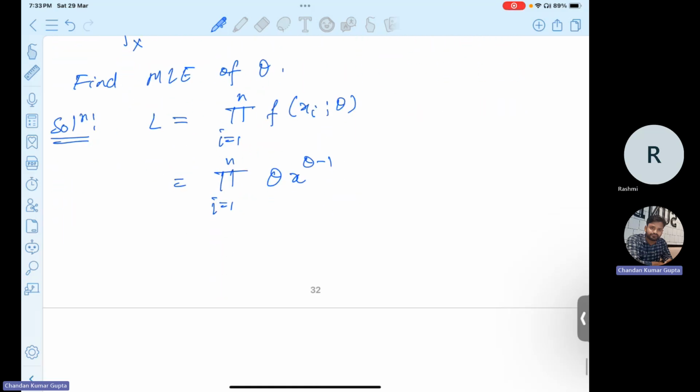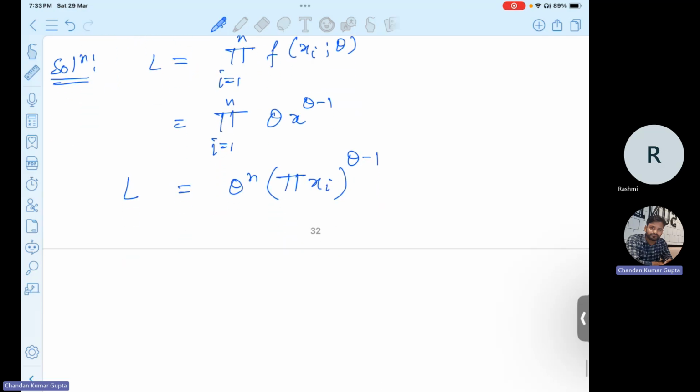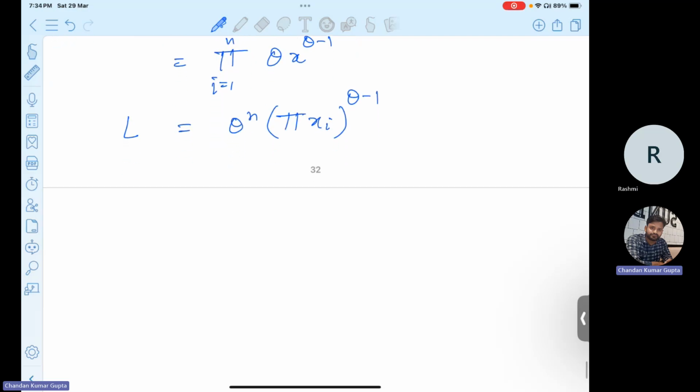So theta to the power n, and then the product of xi to the power theta minus 1. Okay, so this is the likelihood function. Now we take the log likelihood for simplification purposes only.